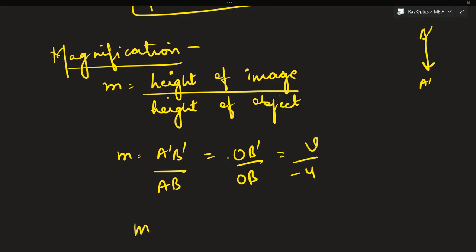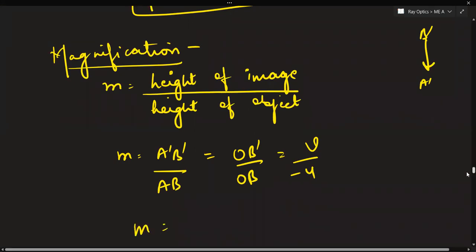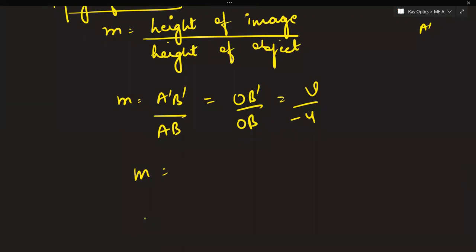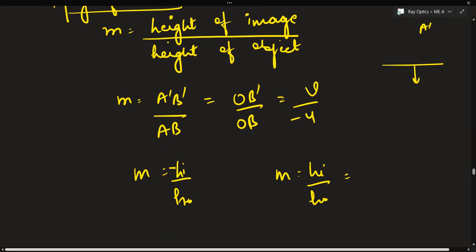So magnification's formula for lens. For lens this becomes height of image by height of object. If you equate height of image by height of object as this, height of image also we'll take as negative, because image is formed beneath the principal axis.